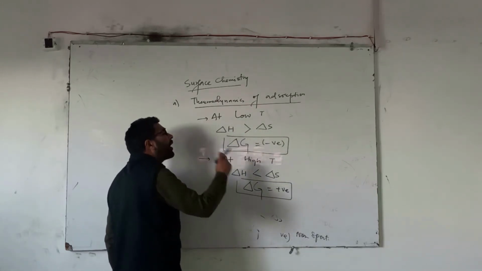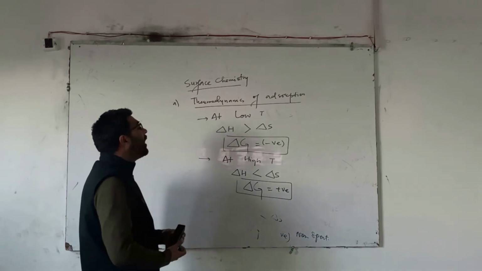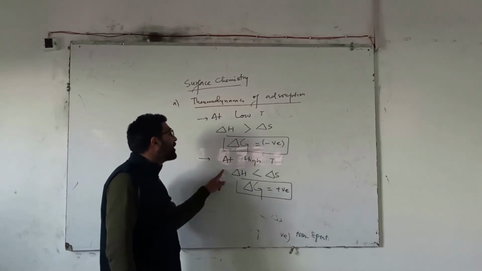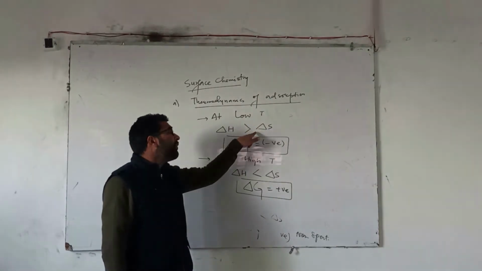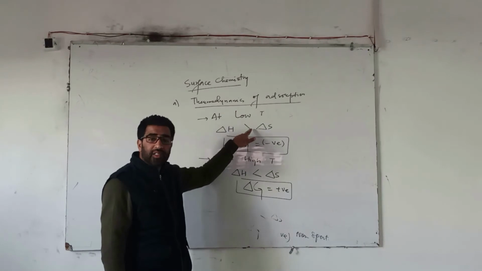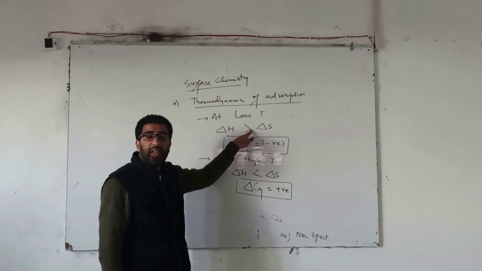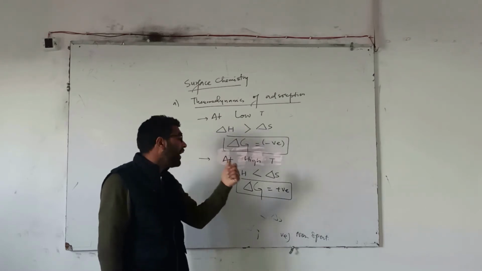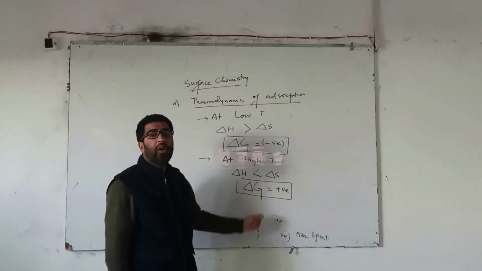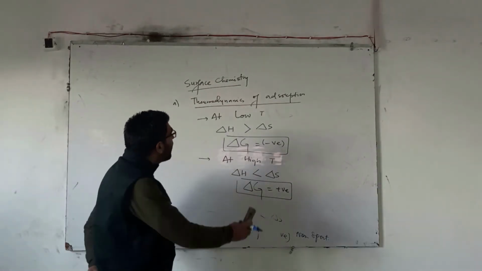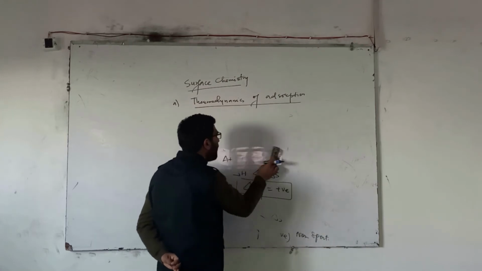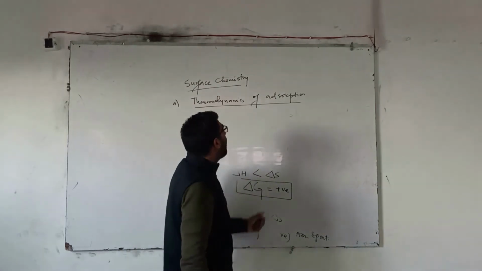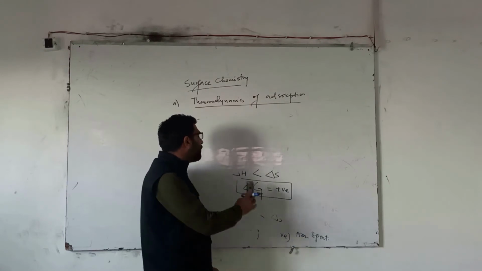From these two important points, we have learned that adsorption is spontaneous only at low temperature. Remember it. This signifies that adsorption is spontaneous only at low temperature, whereas at high temperature it is non-spontaneous. From the above discussion, you have to remember three important points according to the thermodynamics of adsorption.